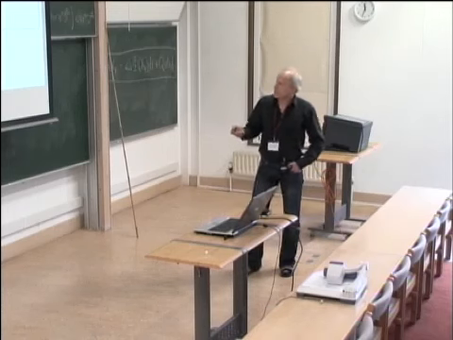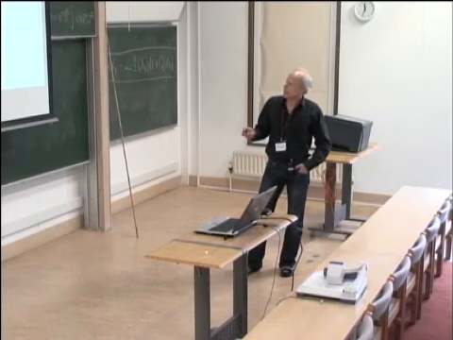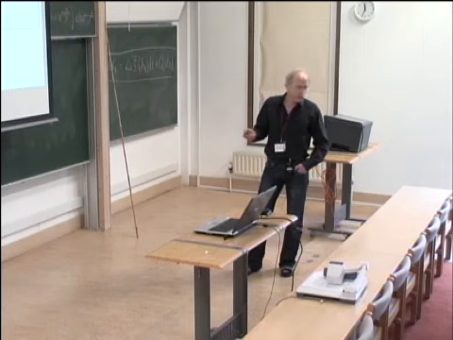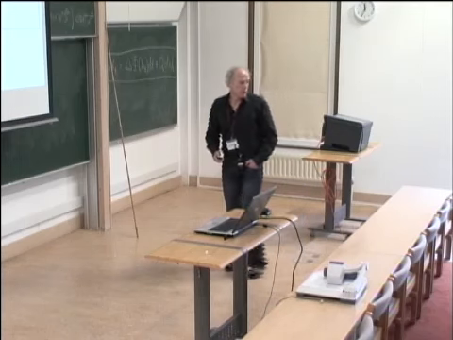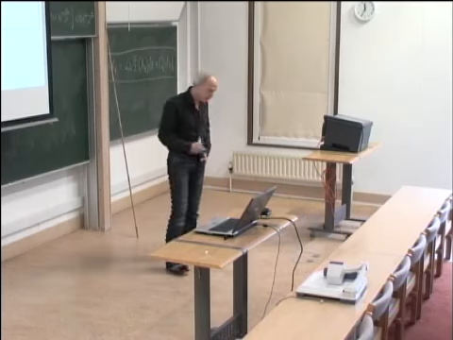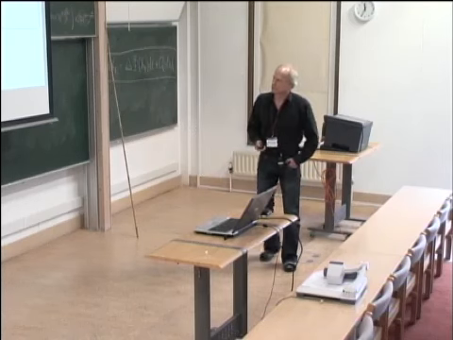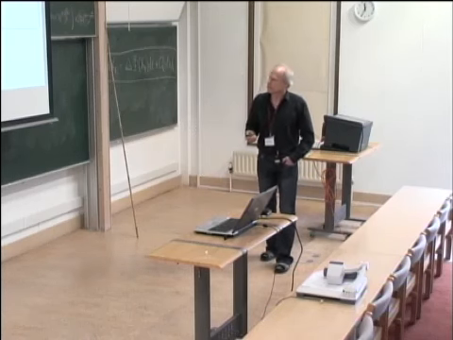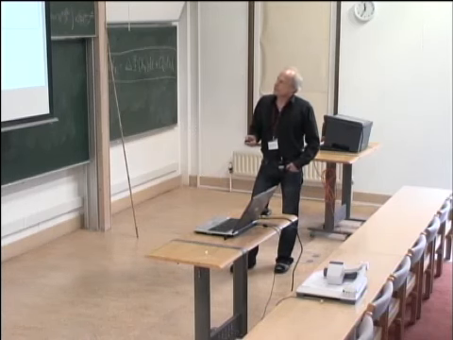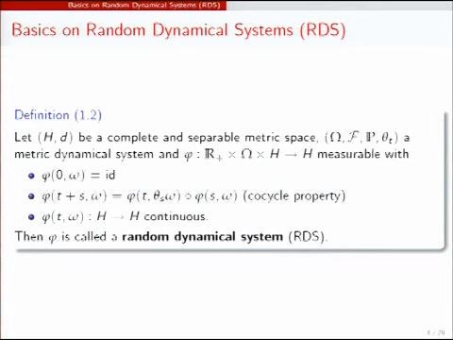So you apply the map from H to H for the time s elapsed, but the omega has changed in the meantime. And then you apply the flow for the new omega, the one after time s, and then it's the same as doing this mapping all the way, in the time from 0 to t plus s. So that's the famous cocycle property. And of course, it should be a continuous map from H to H.